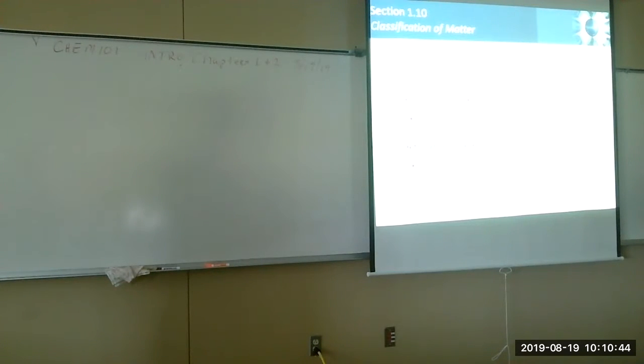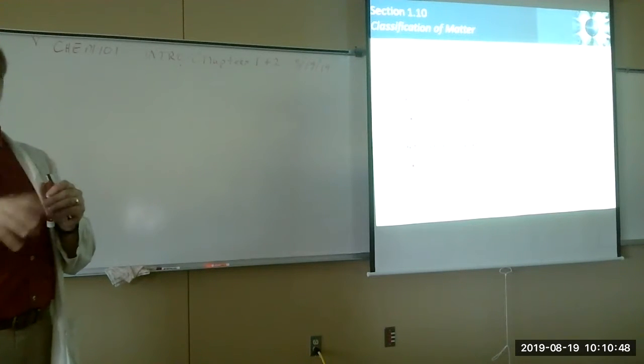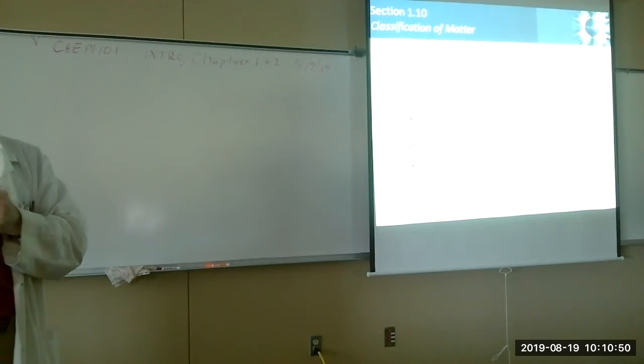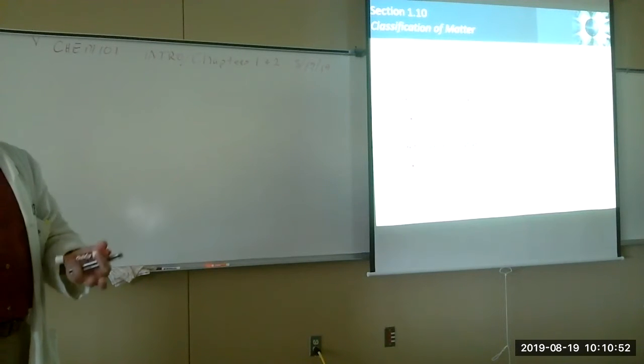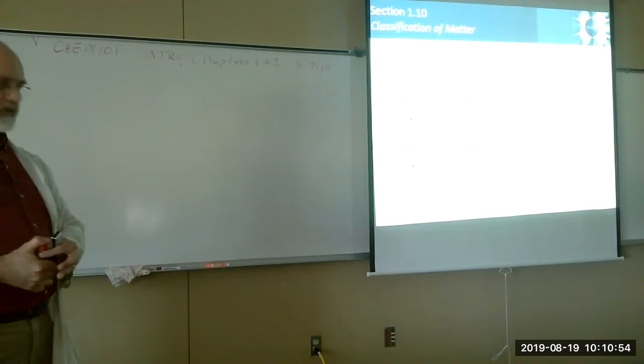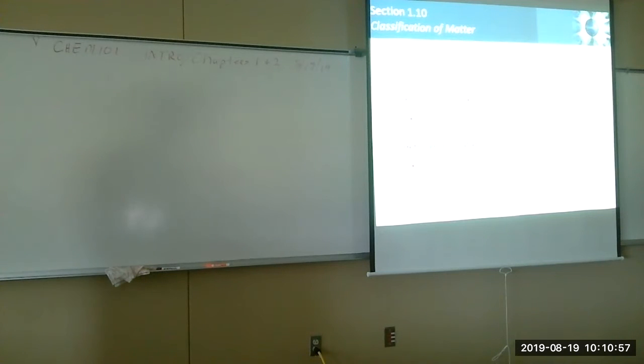If they're not homogeneous, that is, where you look, you have a different ratio of the substances that you mix, you have a heterogeneous mixture. For a homogeneous mixture, another word is a solution.